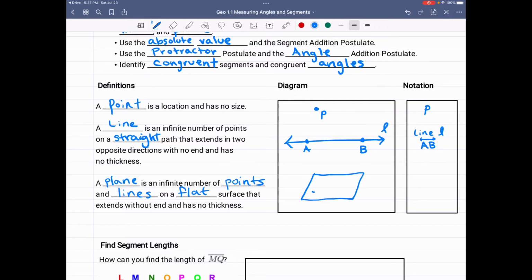So put a point X, a point Y, a point Z, and we'll call the plane M. Just like above we called the line L, we're going to call the plane M. Why not P? We already used P for point. So we can notate that as plane M, or we can call it plane X, Y, Z. And there's no shorthand notation for plane.